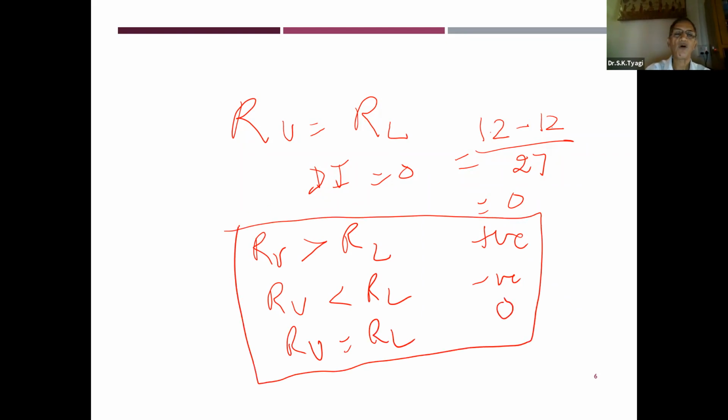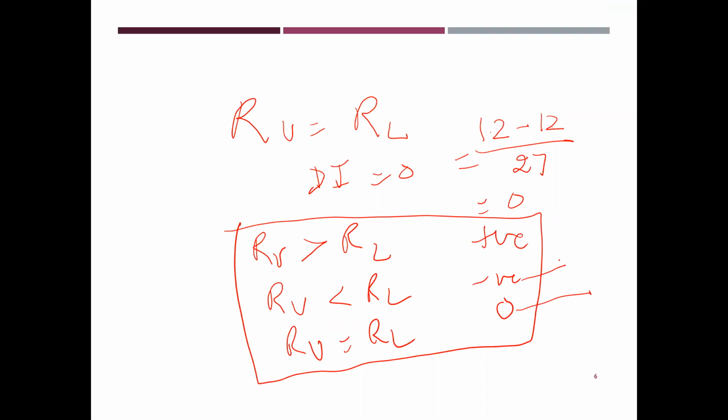Now we want positive values. We don't want zero or negative values, because in these two situations, either the item does not discriminate at all, or it discriminates in the reverse order. It should not discriminate negatively.